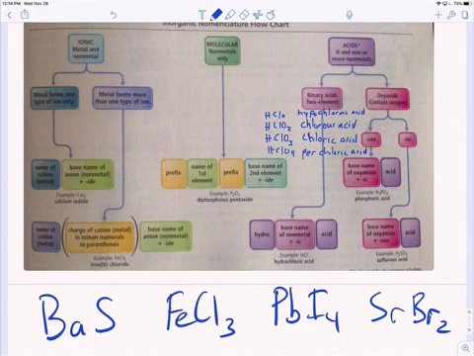There are some that don't. The silver only forms +1, zinc only forms +2. But for this one, iron is not low.